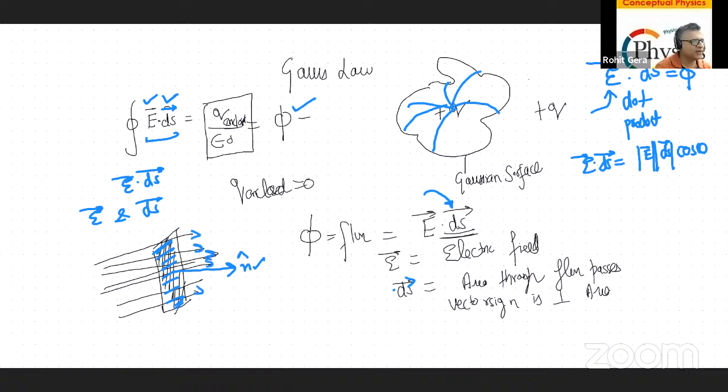The electric field and the normal to the area, which is perpendicular to the area, are parallel to each other. So I will say the theta, which is the angle between them, is 0 degrees. So my E dot ds is this, cos of 0, I'll put.